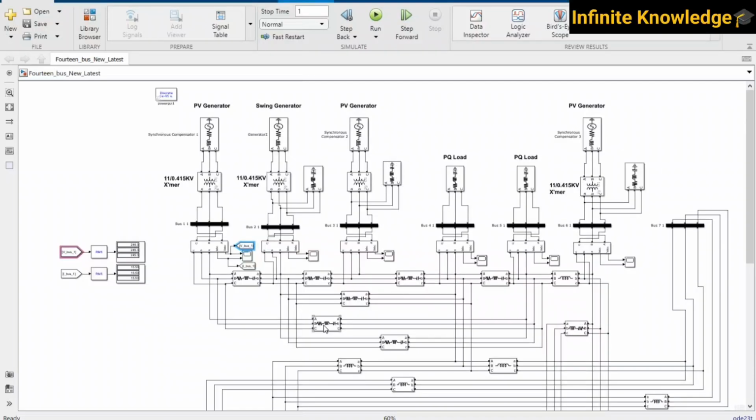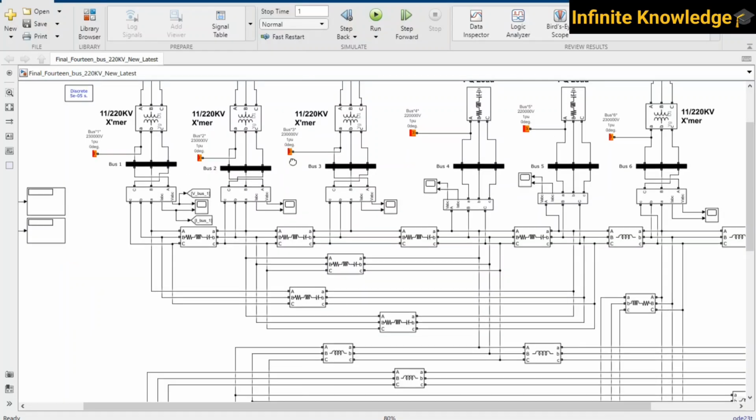The concern is that whenever a substation is connected to another substation, or in a state to state connection, we mostly go with higher voltage. For checking the load flow analysis at such higher voltage, I have redesigned this 14 bus system at 220 kV.